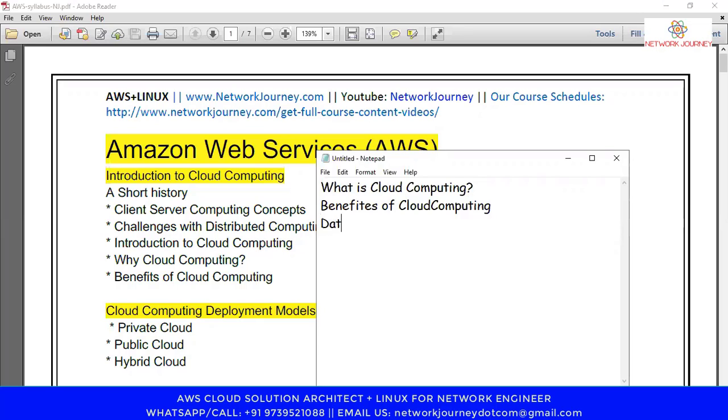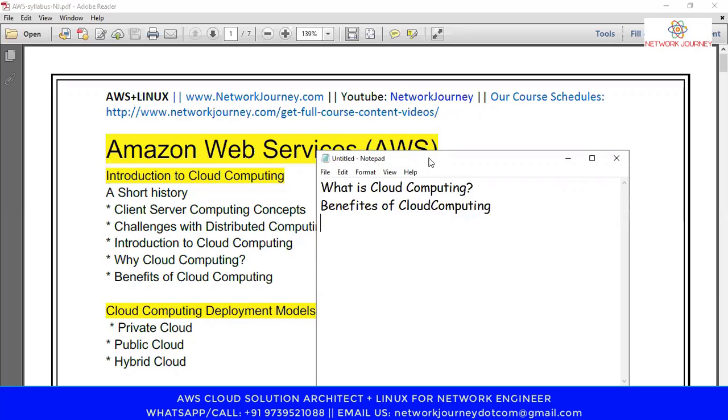So we learned what is a data center and what is virtualization. To be frank, I started with what is a data center, then I explained what is virtualization.